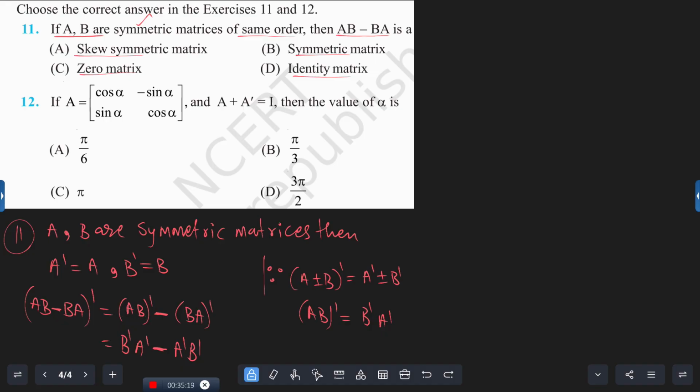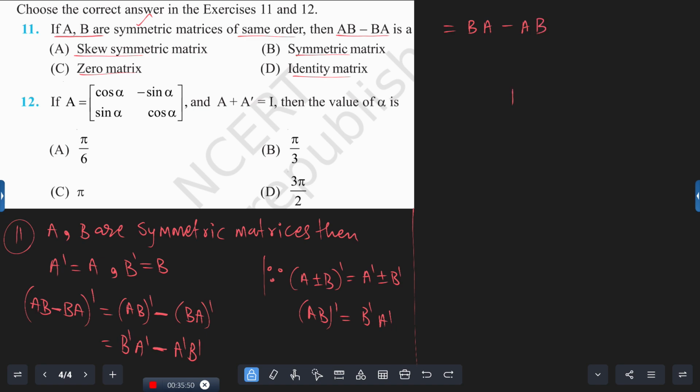Now, in the question, B transpose we can write as B, and A transpose we can write as A. That is given. So I'm going to write B transpose as B, A transpose as A, minus A transpose as A, B transpose as B. Children, you may make a mistake.